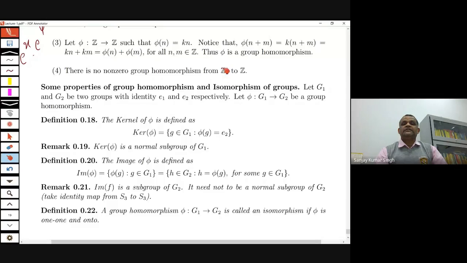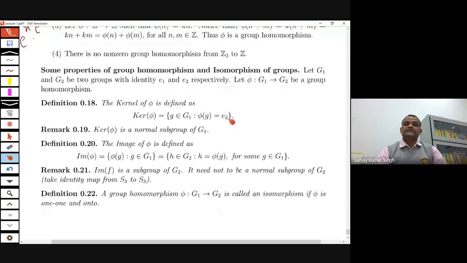So its image will also have finite order. And in Z there is no non-zero element of finite order, hence you will not get any non-zero group homomorphism from Z2 to Z, because the image of 1 is forced to be 0 if your map is a group homomorphism.